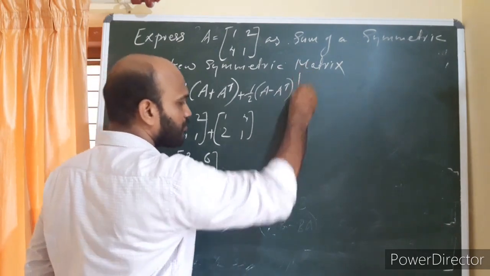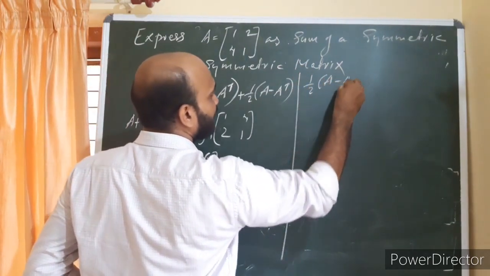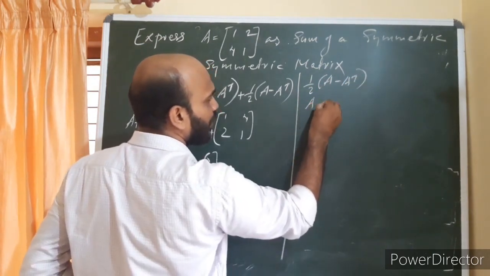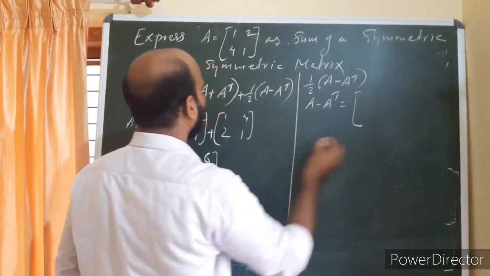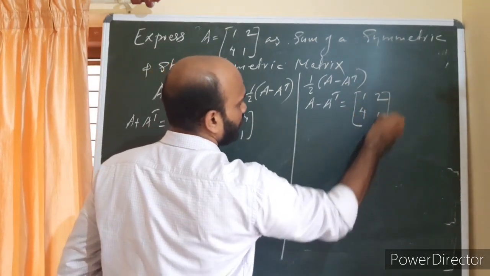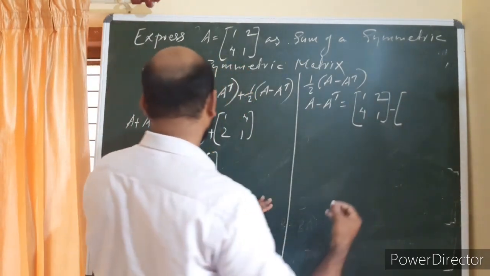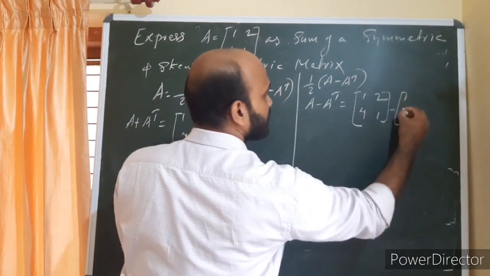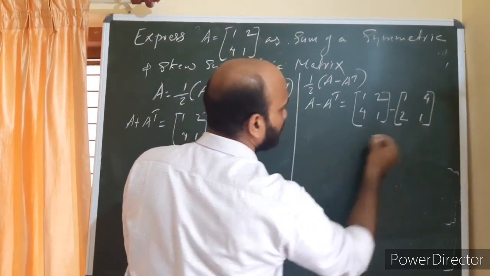Now we want to find skew symmetric. That is half into A minus A transpose. So first we'll find A minus A transpose. That is equal to A, 1, 2, 4, 1 minus A transpose. A transpose will be first row changes to first column, second row changes to second column.